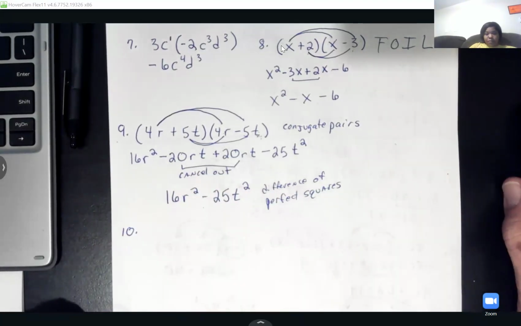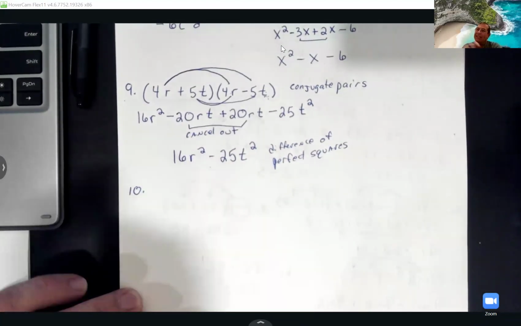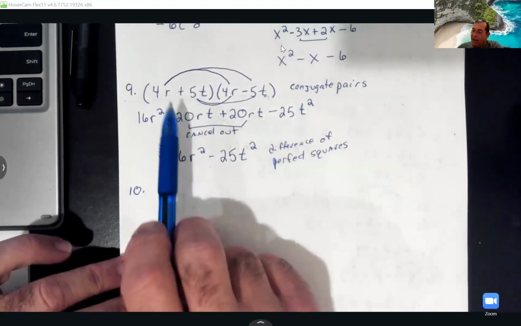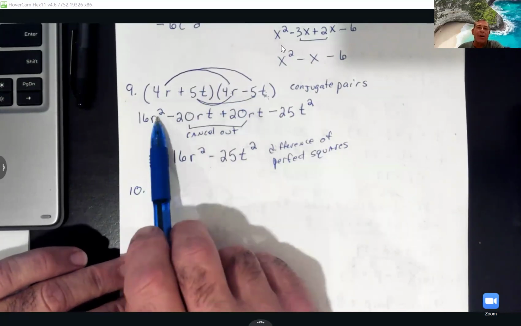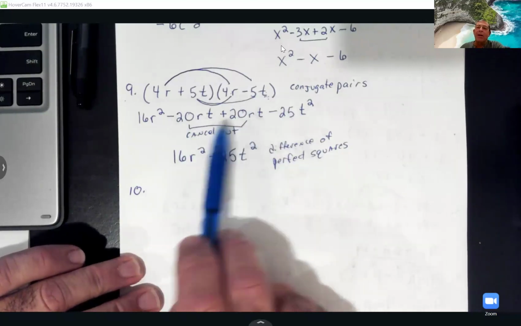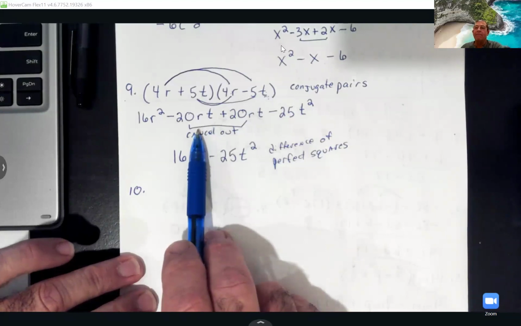So not too bad. You just gotta keep up with signs is the main thing when you're FOILing, okay? And realize the only time I changed the exponents was when I multiplied r times r. I got an r squared and all that fun stuff. Once I started combining terms, I cannot change anything as far as these letters, okay?